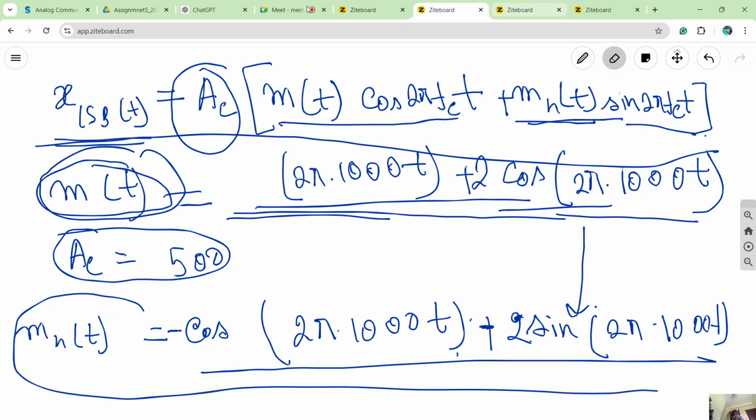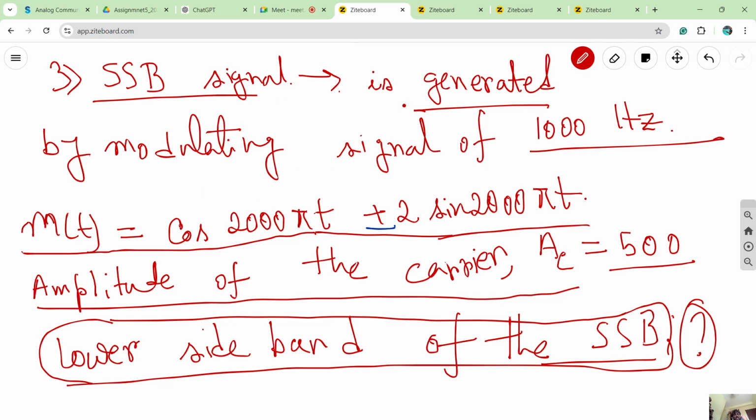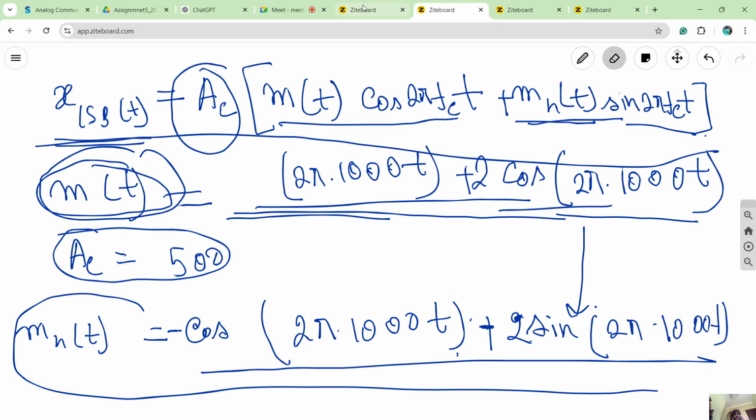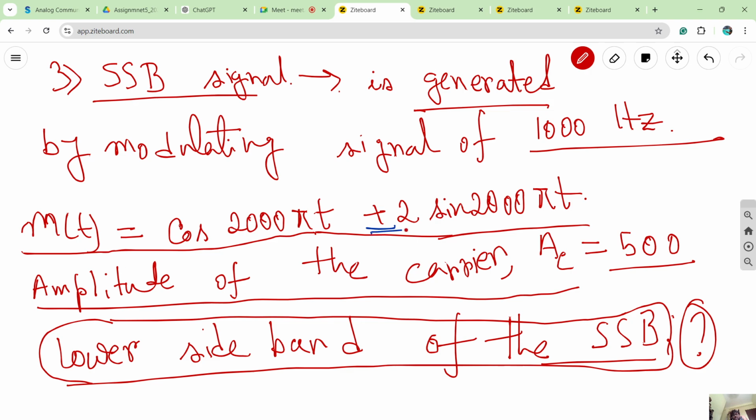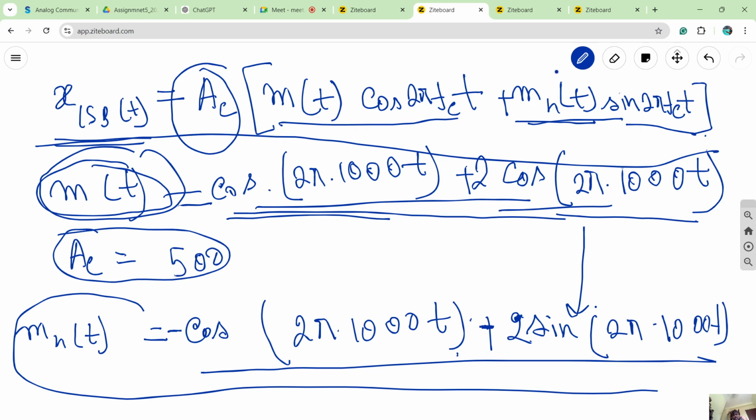It's better that you guys tell me if I'm writing something wrong. Yeah. Okay. So this is actually cos. So the mistake happened. And this is plus 2 sine 2000 pi t. So this is actually sine 1.